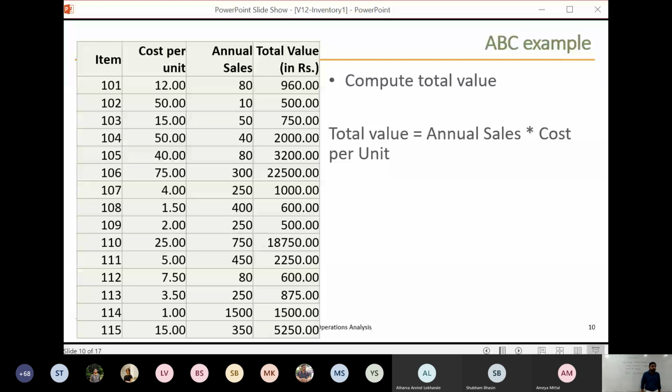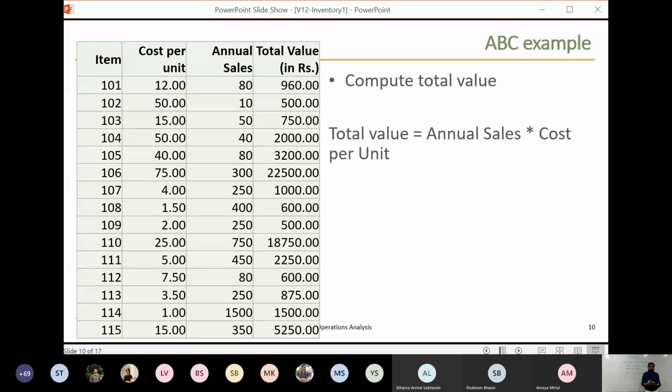But now observe the total value. When you observe total value, you can see that item 106 has the maximum value, followed by item 110. That seems to be around 22,000, the other is 18,000, and the rest are between 1,000 to 5,000. There are a few, and the rest are all below 1,000.